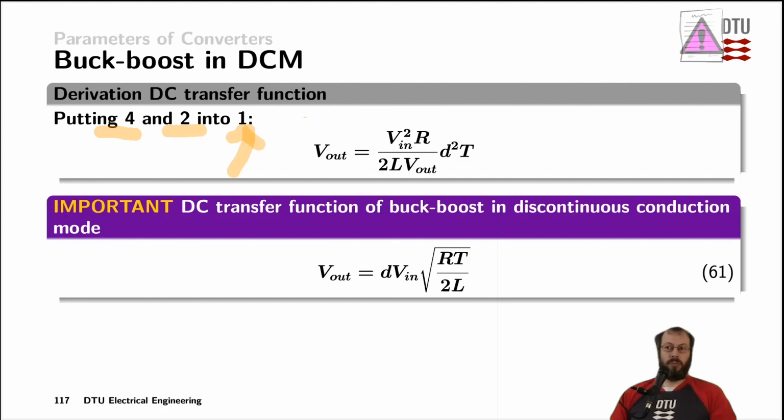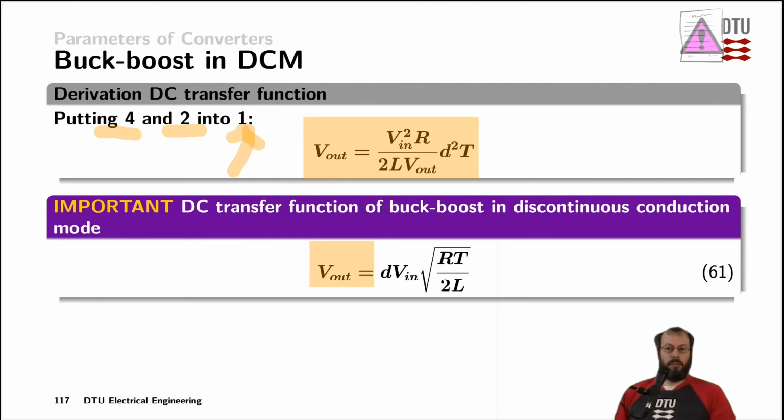And we once more end up with the dependency of the output voltage on the input voltage and the parameters of load resistance, inductance, period time T, and duty cycle.